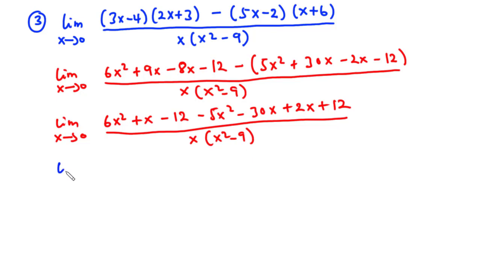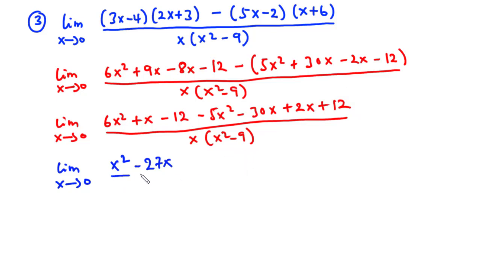So we are still going to simplify. So we have the limit as x approaches 0. Now 6x squared minus 5x squared is x squared. We have x plus 2x minus 30x, and that's going to give us negative 27x. We have negative 12 plus 12, which is 0.